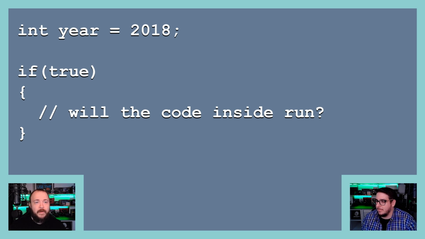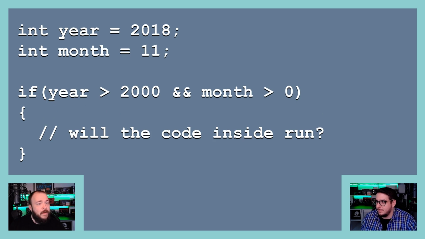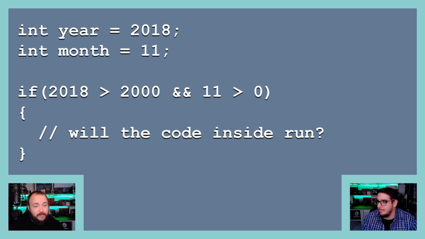Next one. We have year 2018, and month 11. And now we're asking 2 questions. Is year greater than 2000? And is month greater than 0? It is still true. What it will do is replace the values. Year is now 2018 instead of the variable year, because that's the value.